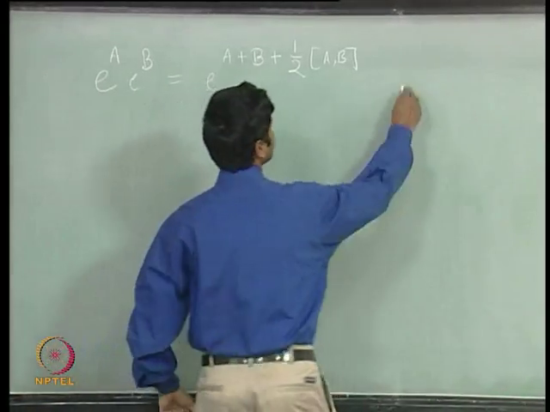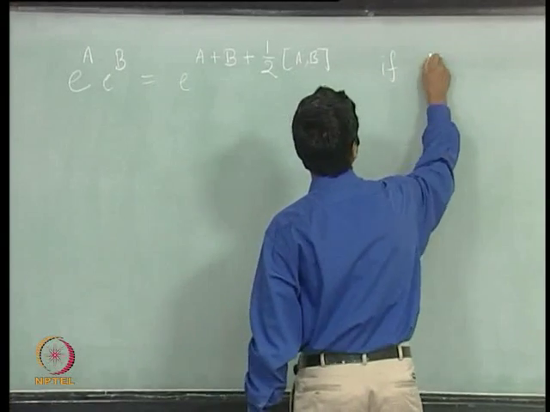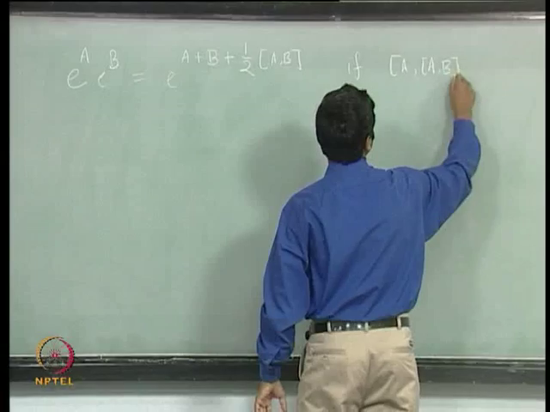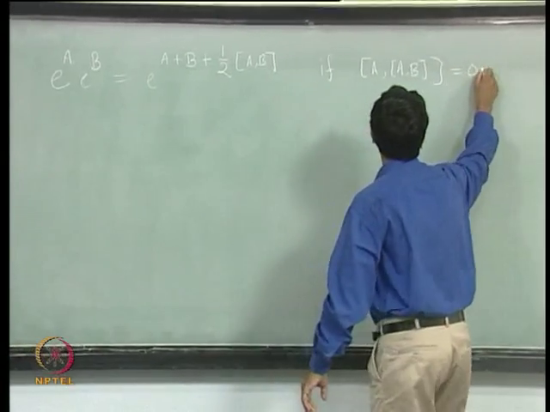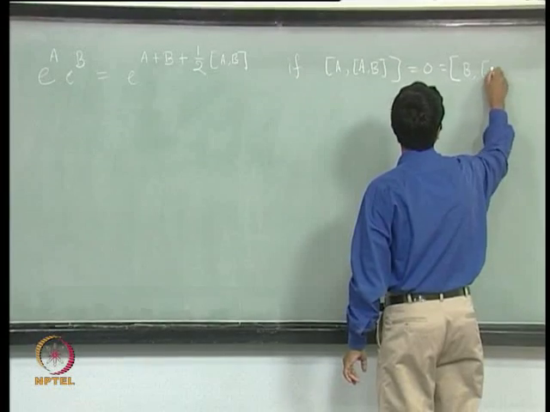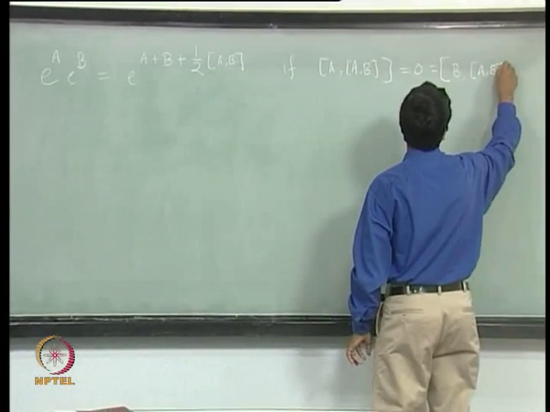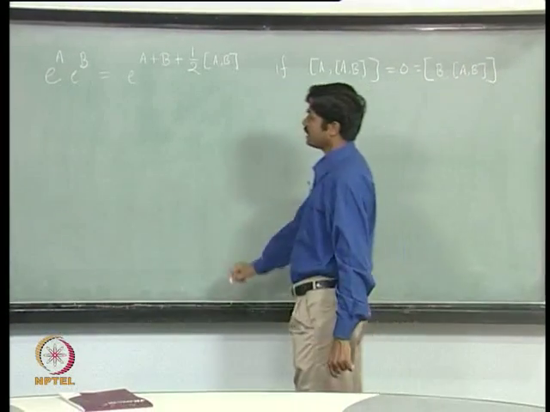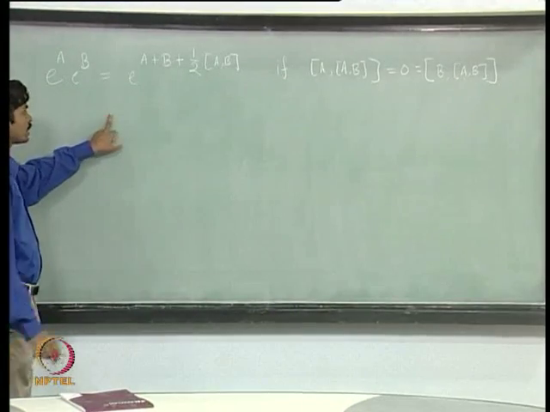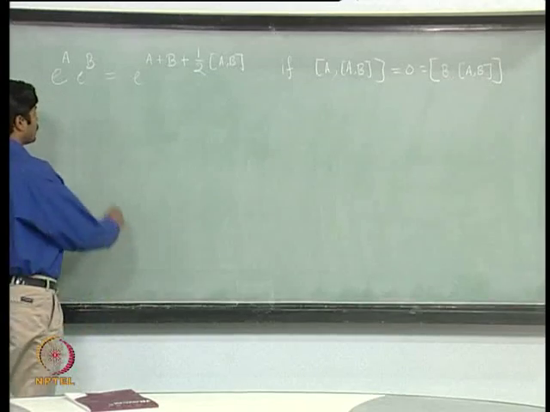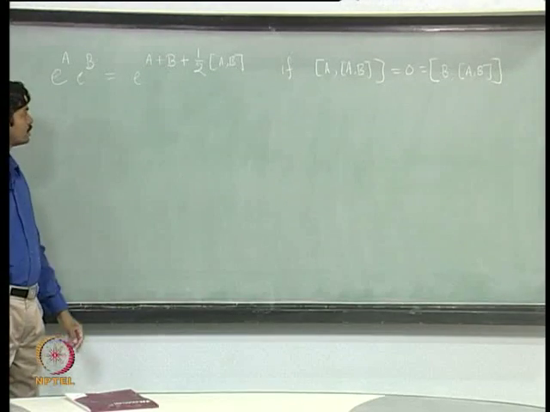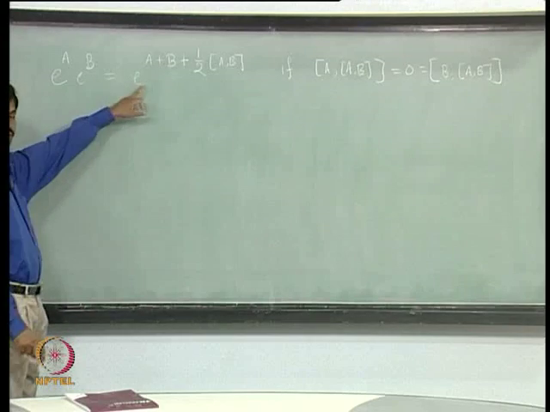So, if the commutator of a with the commutator of a and b equals 0, equals the commutator of b with the commutator of a and b. In our case, the commutator of h I with itself at different times is a C number. So, this relation is true.